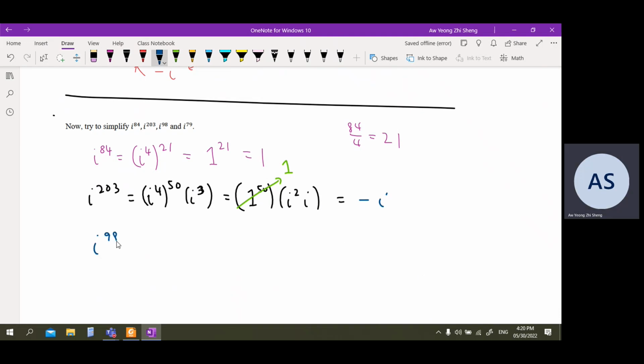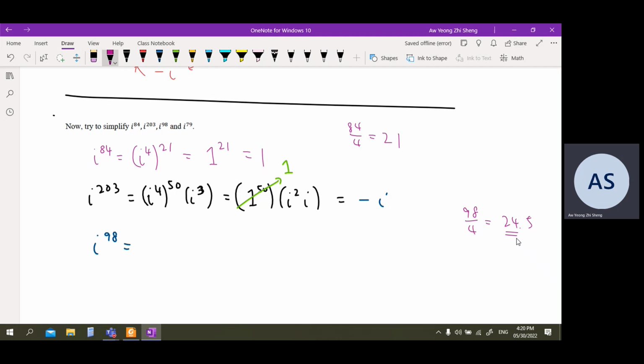i power 98. Okay. So if you find it hard to figure out how many i power 4 that you can factor out, then you can always use a calculator to press out what is 98 divided by 4. 98 divided by 4 is 24.5. Actually, you take the integer part of it.